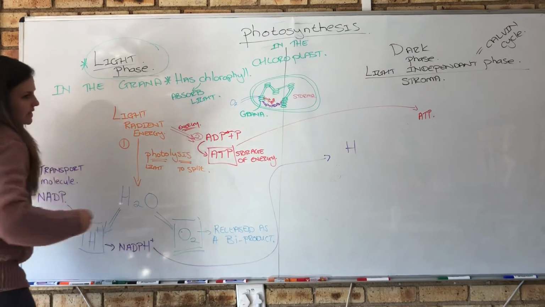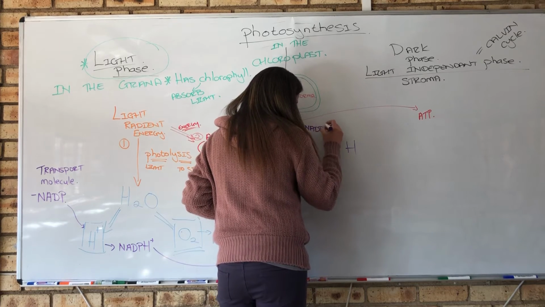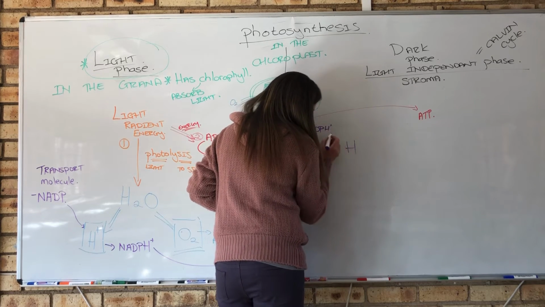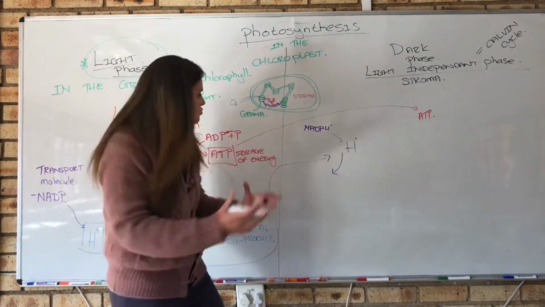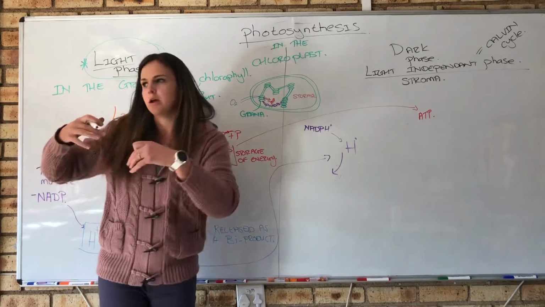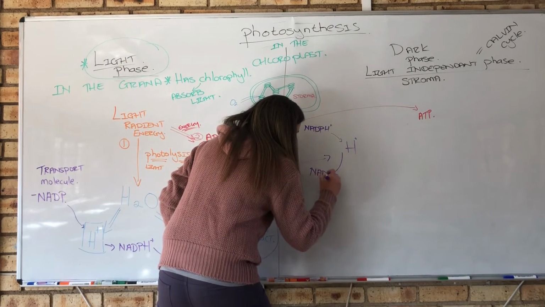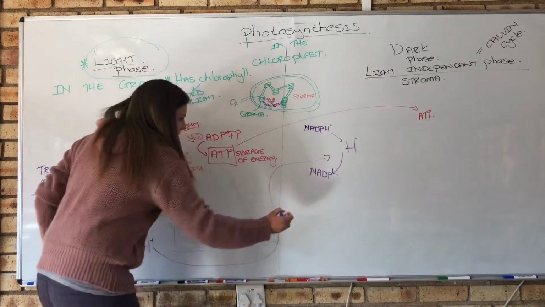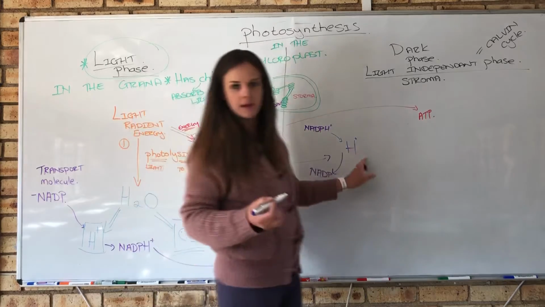And so NADP comes along, NADPH+, drops off its hydrogens, and then just like an Uber, guys, once you've dropped off the people, you're not going to go and not pick up anybody else. It's going to go back. NADP, it's going to go back and pick up some more hydrogens and transport them back here.